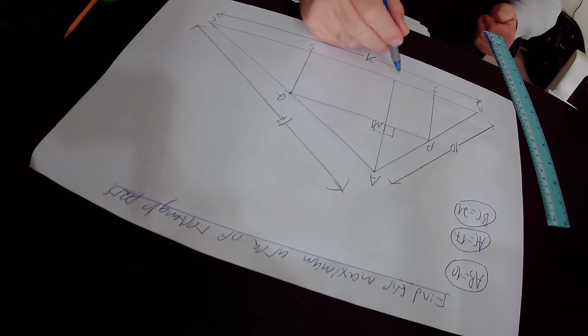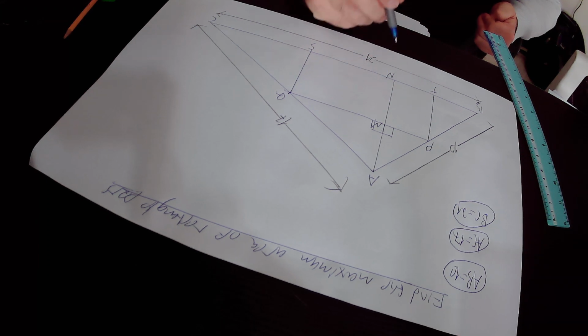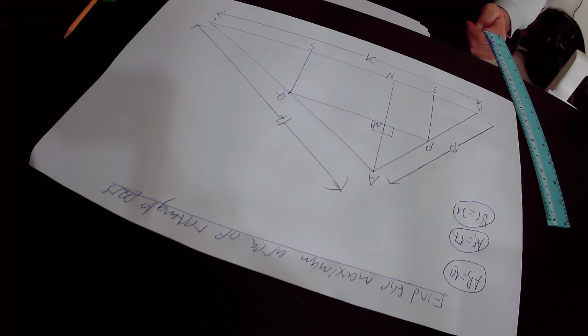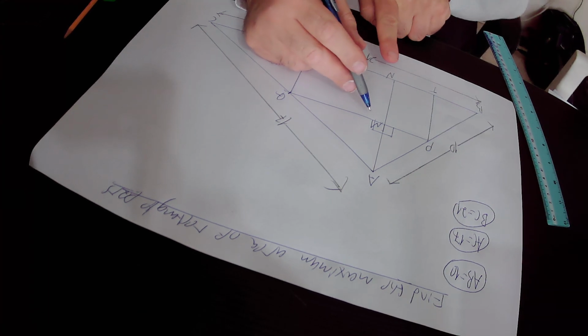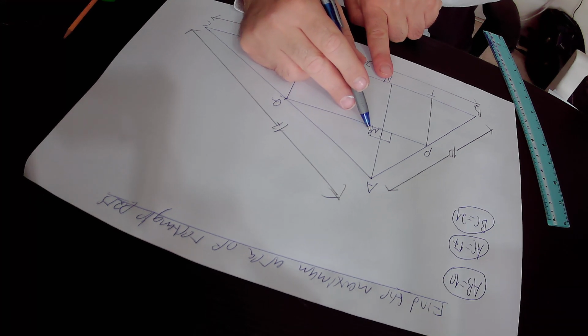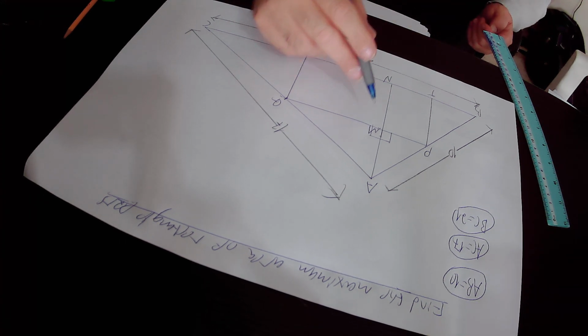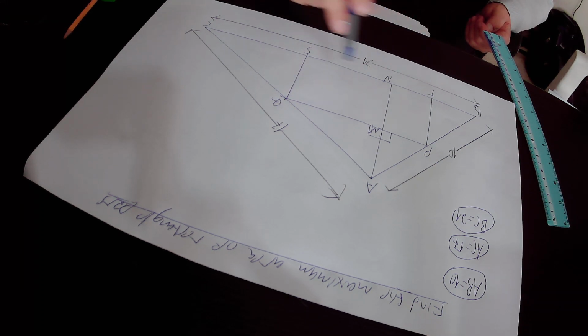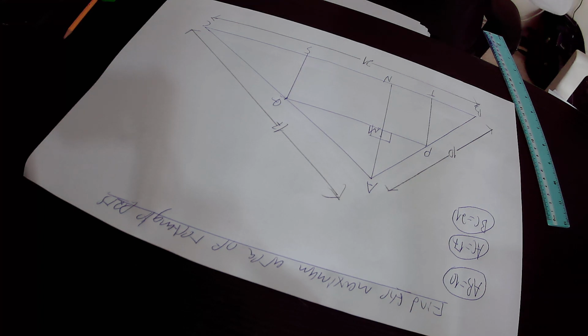This point is point N. By doing this construction, we can get here two corresponding angles. Those two corresponding angles are located between the parallel lines PQ and BC, and therefore they are equal to each other according to the rule that corresponding angles between parallel lines are equal to each other.